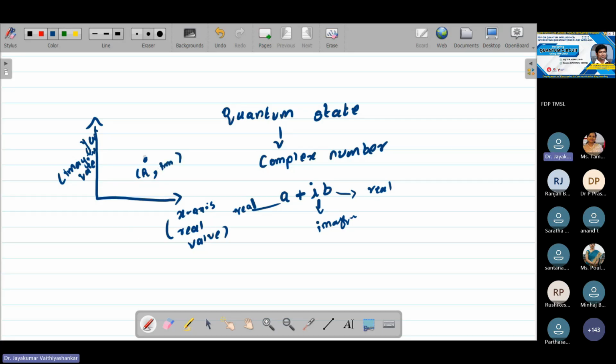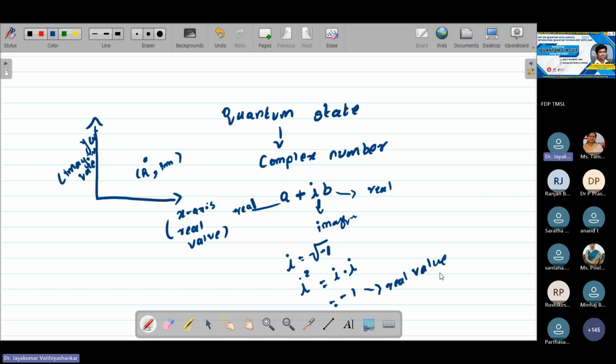When two imaginary values are colliding or reacting with each other, take an example of i. What is the value of i? It is equal to root minus 1. What is the meaning of i square? i into i gives you minus 1, and minus 1 is a real value.